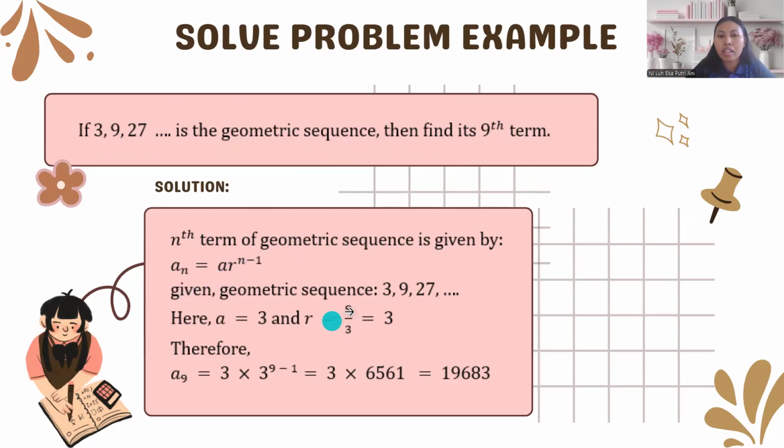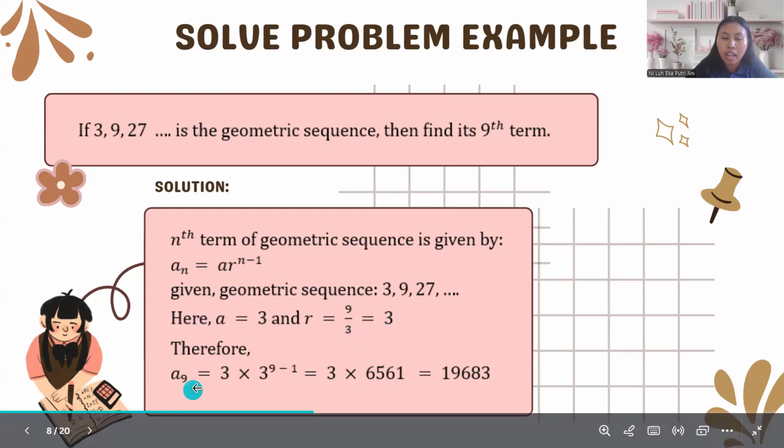The given geometric sequence is 3, 9, 27, and so on. Here a is 3 and r is 9 over 3, which equals 3. Therefore a sub 9 is 3 times 3 to the power 9 minus 1.